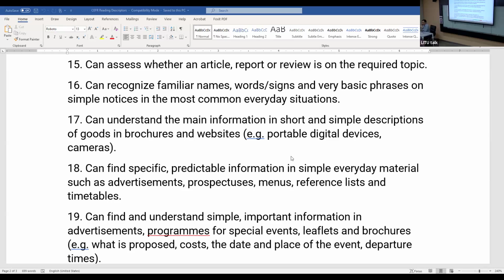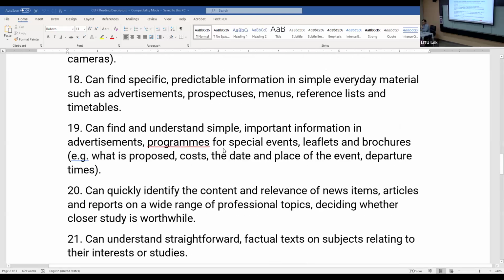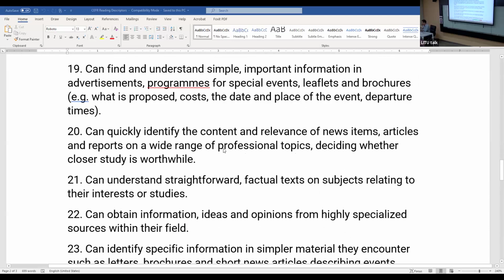A1 can only recognize, not understand. 18, simple, right? It should be either A1 or A2. A2, right? 19, simple again. Advertisement costs, A1. Number 20.